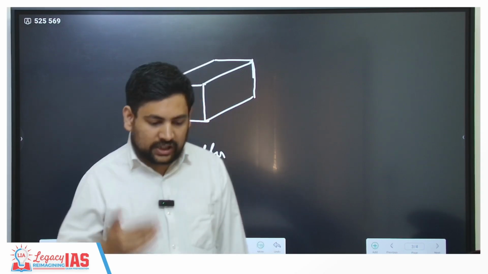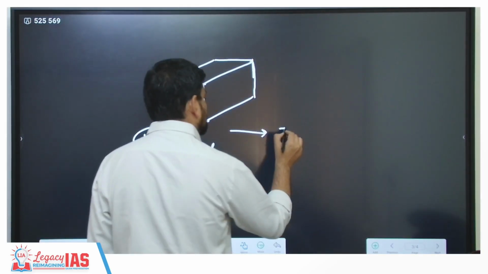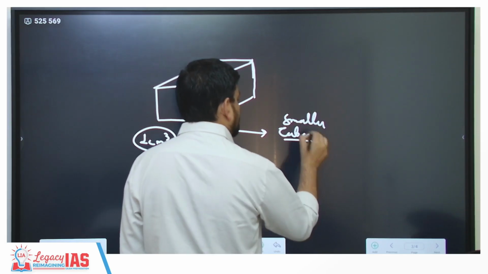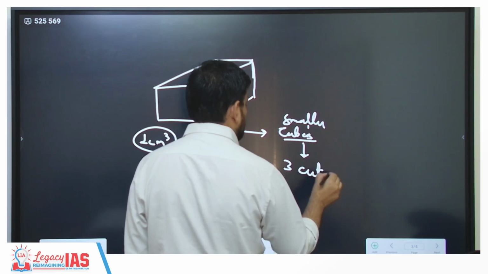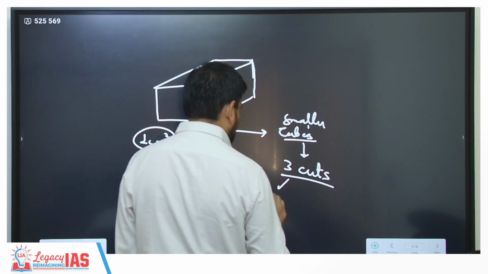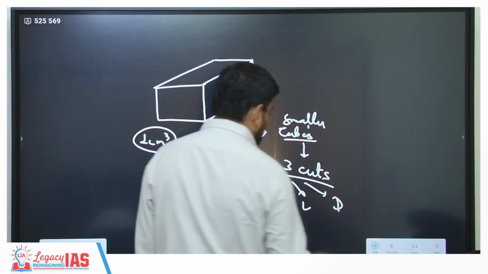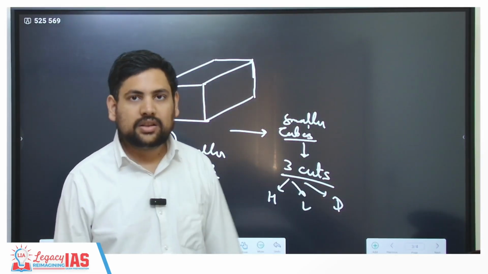So these are the 3 cuts that, if I make them, I will eventually get smaller cubes. That will be after I make 3 kinds of cuts: horizontally, vertically and depth wise.